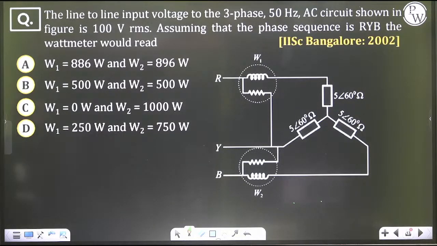Assuming that the phase sequence is RYB, the wattmeter would read dash. The star model is given.